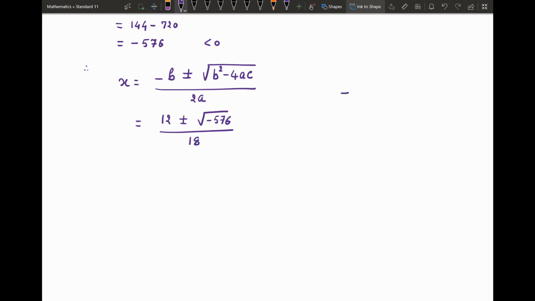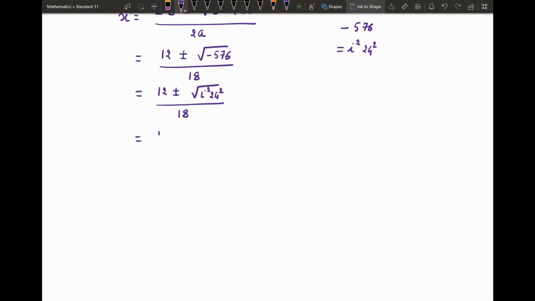And you note that in minus 576, i square equal to minus 1, and 576 is the perfect square of 24. So this is 12 plus minus i square 24 square upon 18.